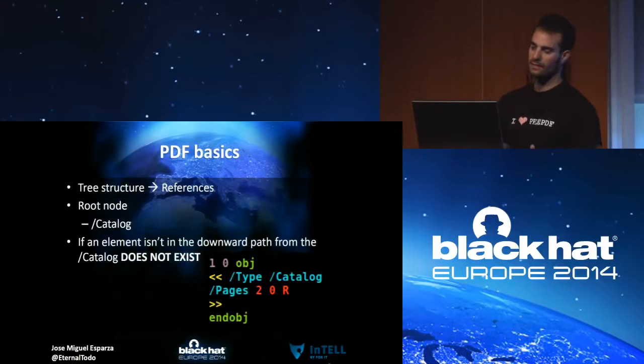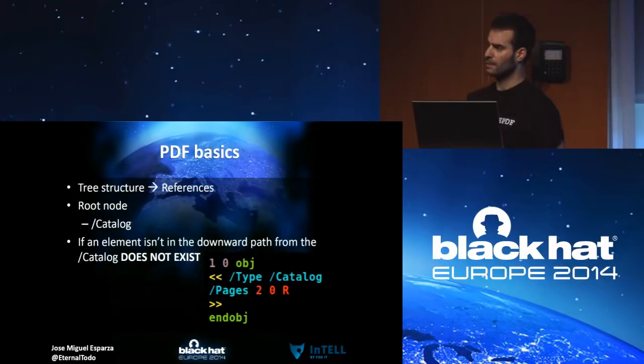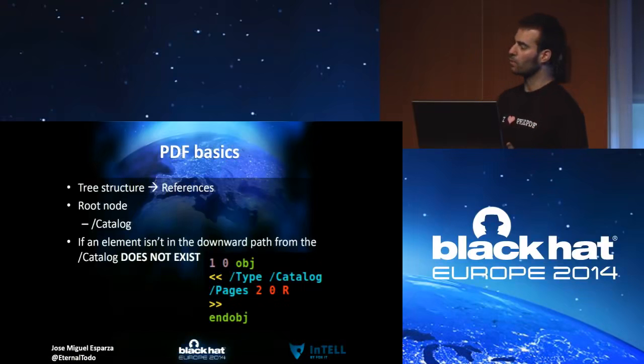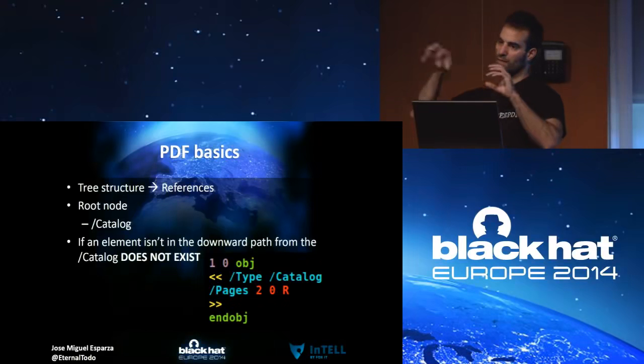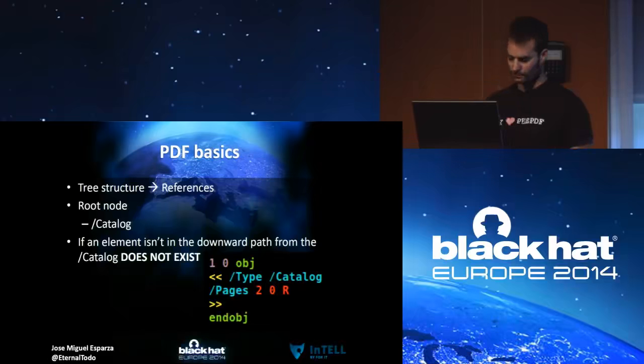And there is the catalog, what I was talking about before. The PDF has a root, a tree structure, where the catalog is the root. So that's the first thing that the PDF readers are going to read. They will check the trailer to know what the catalog object is. Then they will check this object, and they will continue getting the rest of the objects.